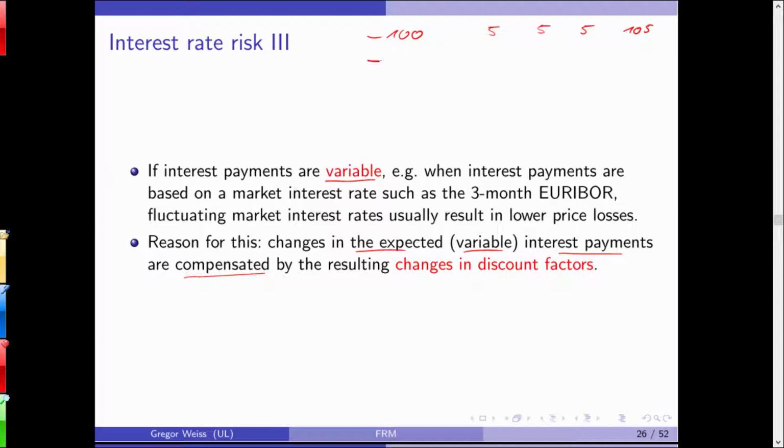What is a floater? A floating rate note. A floater is also a type of bond where you have to pay a price P, but you're getting a variable payment of interest rates. You will get back the notional value of 100, and finally, again, a variable interest rate of V. And the interesting thing now is that this variable interest rate is fixed at the start of the period.